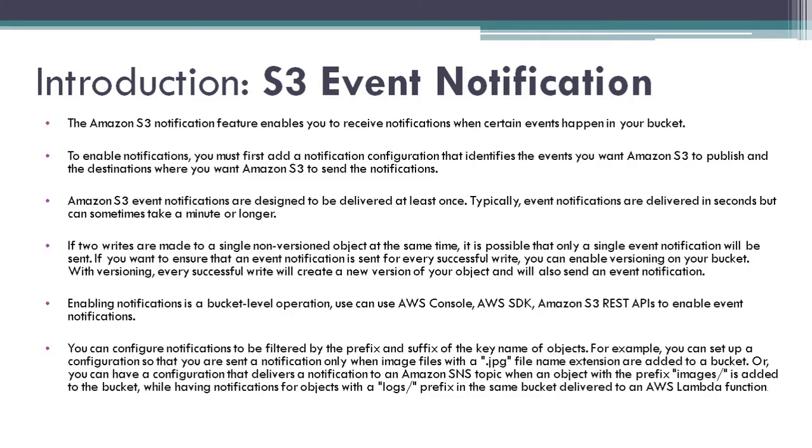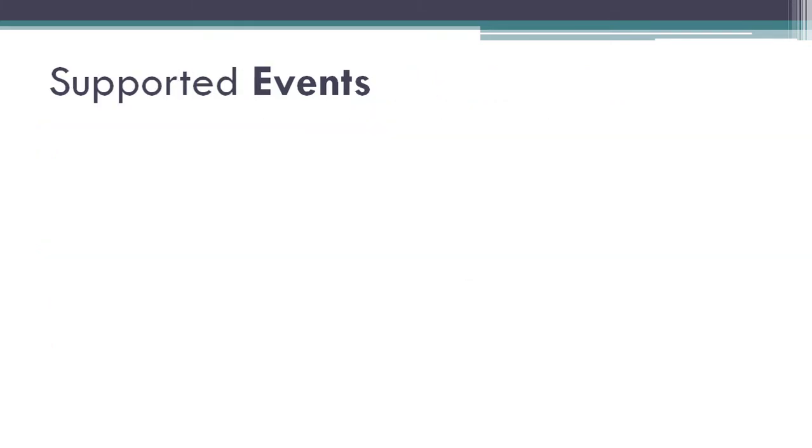In this example, suppose you set the prefix images/ and send that notification to an SNS topic. For another prefix, for example logs/, you can send that notification to AWS Lambda for the same bucket as well. So this is also possible.